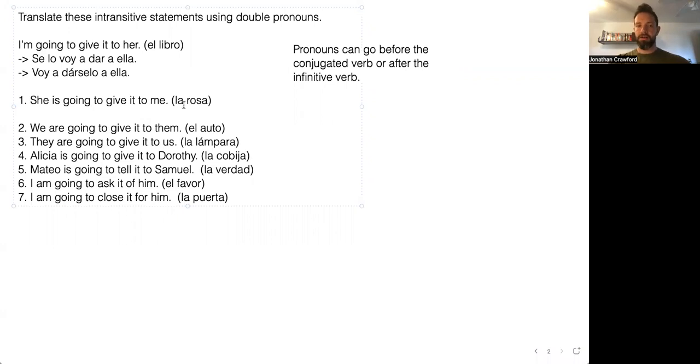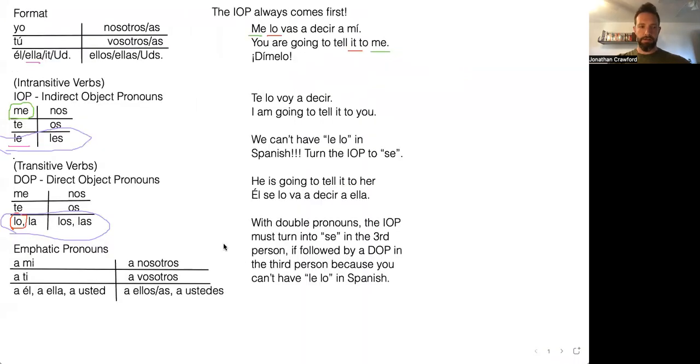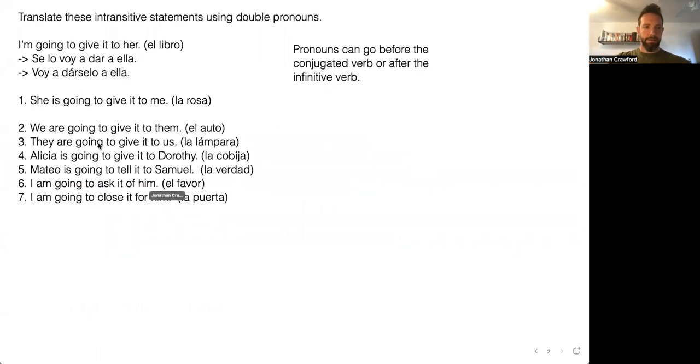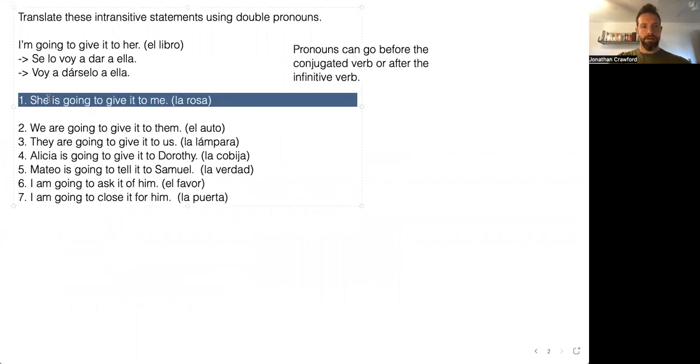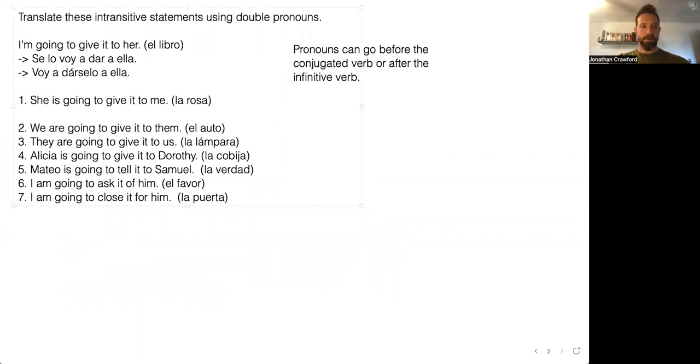So the direct object pronoun, since it's la rosa, now it's going to be la. It can't be lo, it can't be los, it can't be las. It's la rosa. Therefore, it has to be she is going to give. And so we can say ella. Ella is going. Va, ella va.